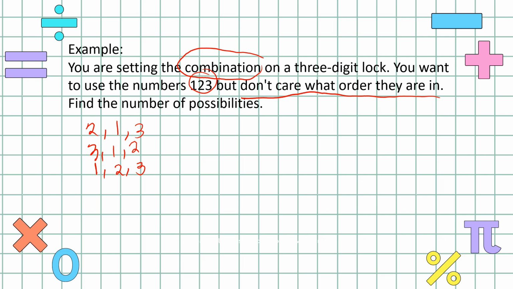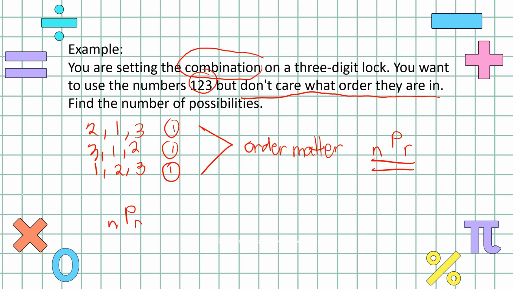And since they are treated differently from one another, even if the subjects are the same, that means they are counted different from one another. So this is a scenario wherein the order matters. And if the order matters, then we need permutation of n things taken r at a time.